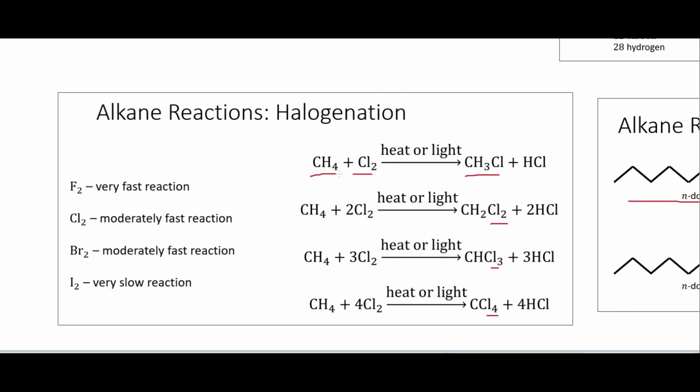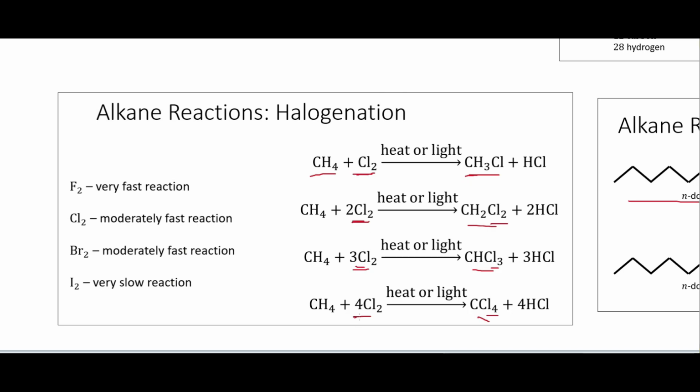And so that's going to have different stoichiometries of the amount of chlorine we put in here. In reality, all of these reactions are going on at the same time. If you're reacting methane with chlorine, you're going to get a mixture of all of these, but you can somewhat control the amount of each of these products that you get by controlling the amount of chlorine that you put in this reaction.